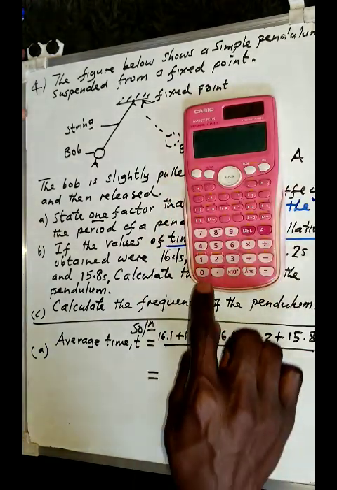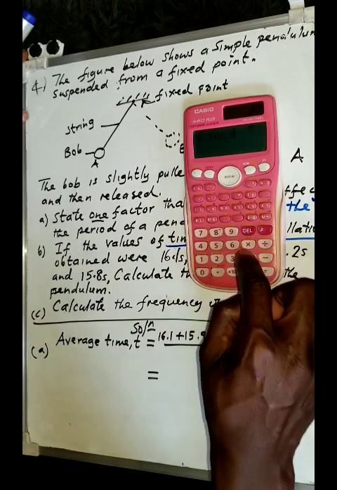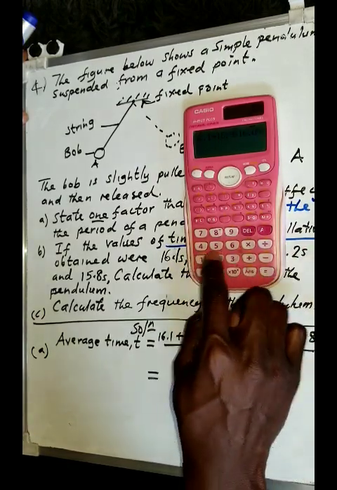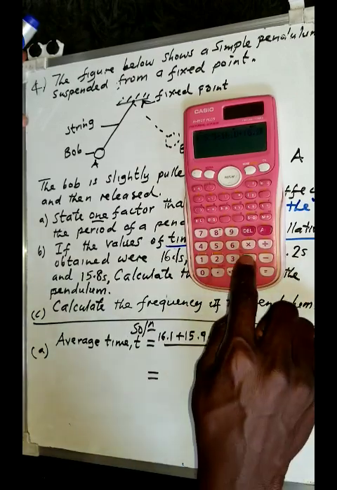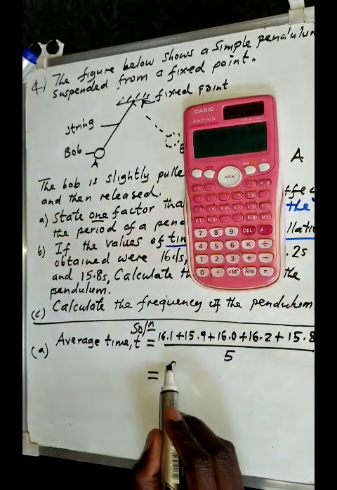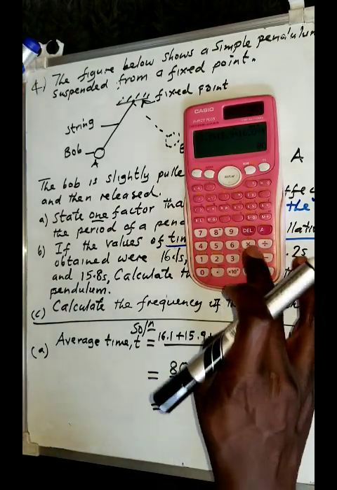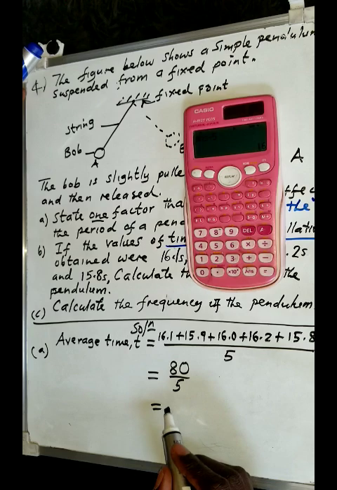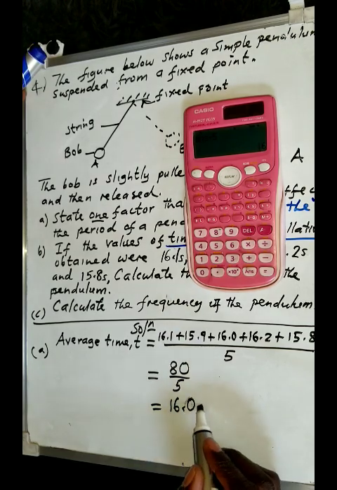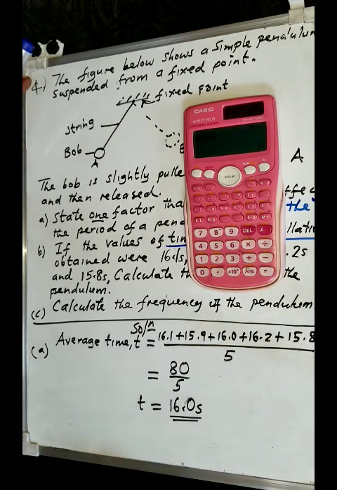So if you add all that, it is going to give you 80 divided by 5. So 80 divided by 5, that is going to give me 16 seconds. So I can say 16.0 seconds because they were given to 1 decimal place.